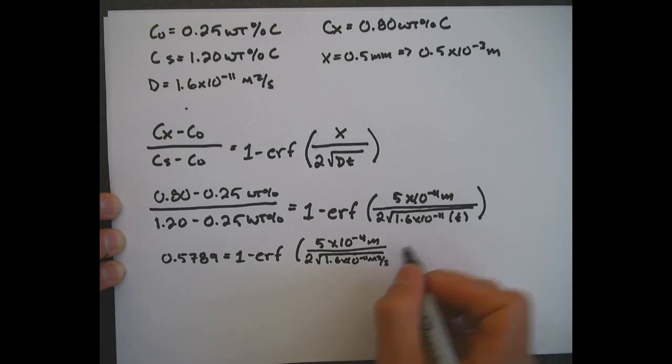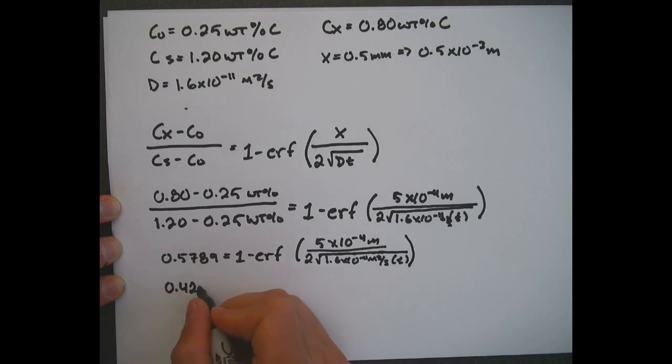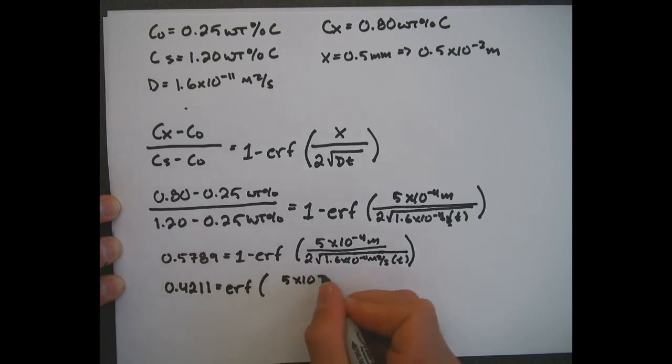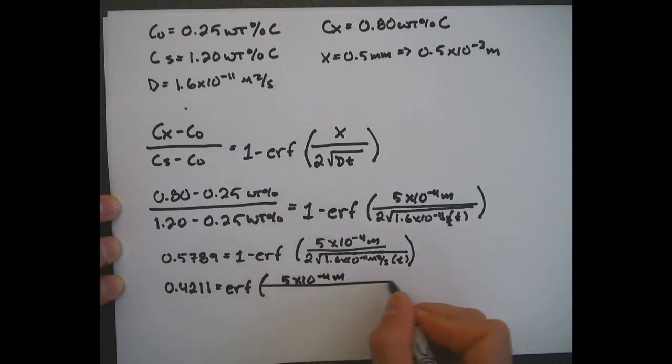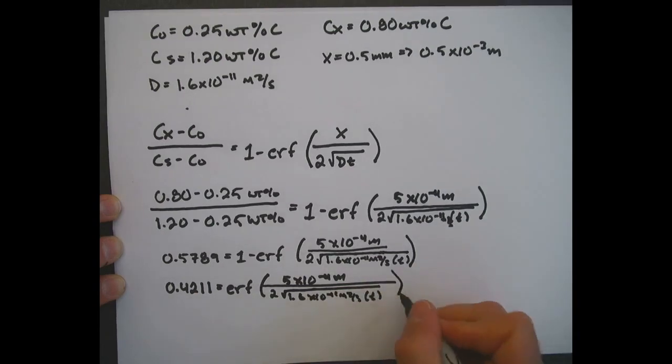Now what we want to do is set the error function equal to a certain value. So solving for the error function, we find that it equals roughly 0.4211.